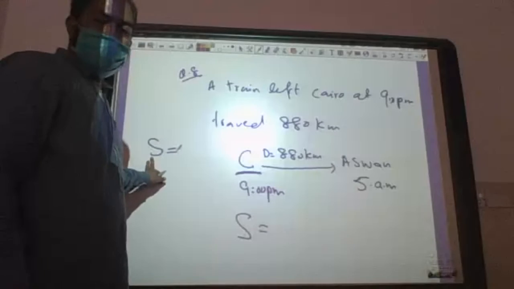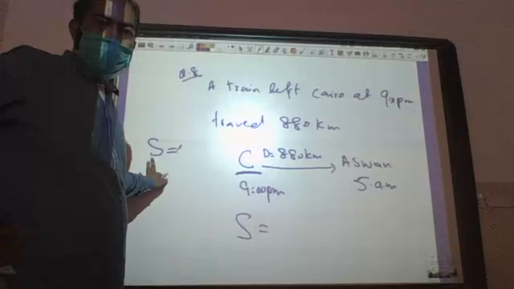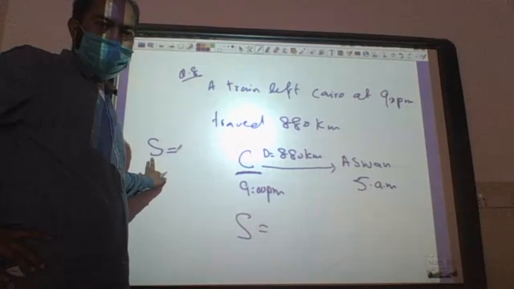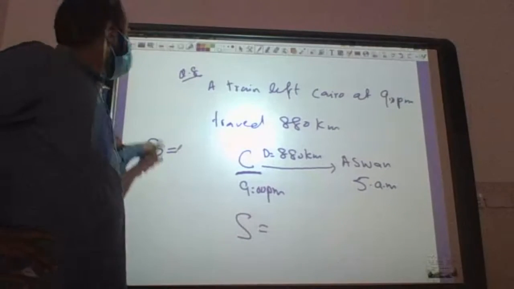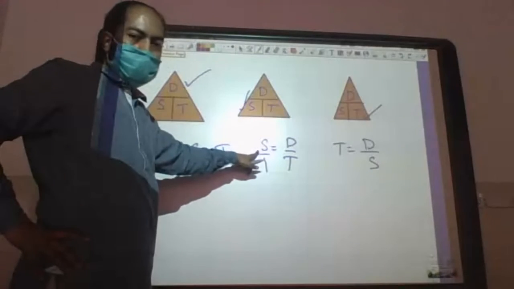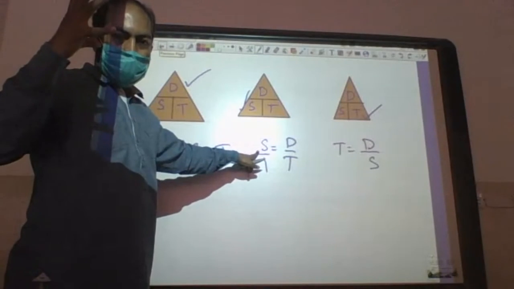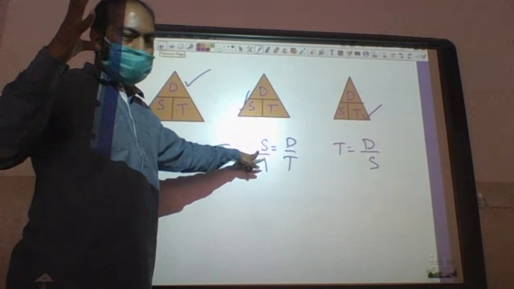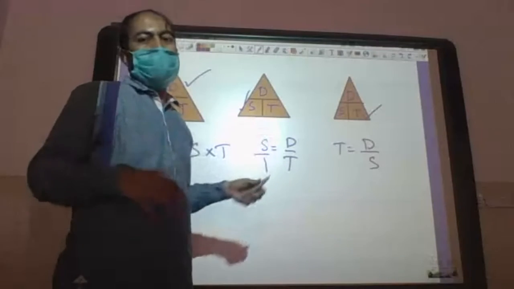Do you know how we can find the average speed? What is the formula? Speed is equal to total distance divided by time. Look, very simple, I have given you the concept with the triangle. So speed is equal to D over T, total distance divided by total time.